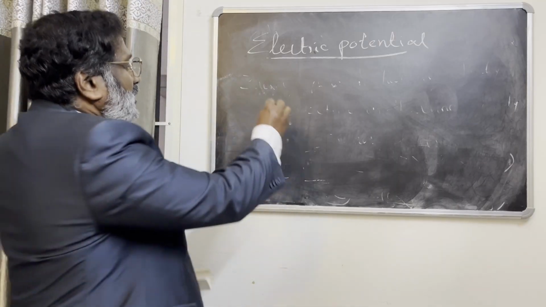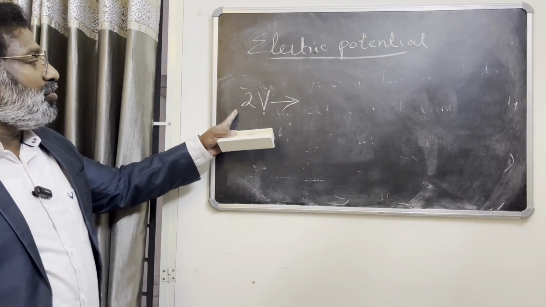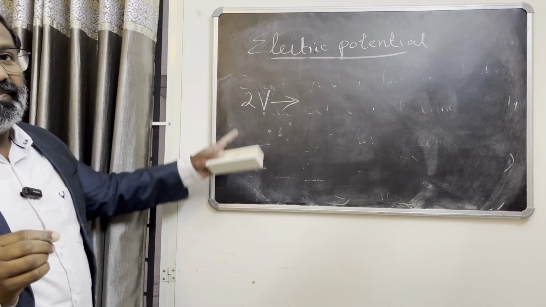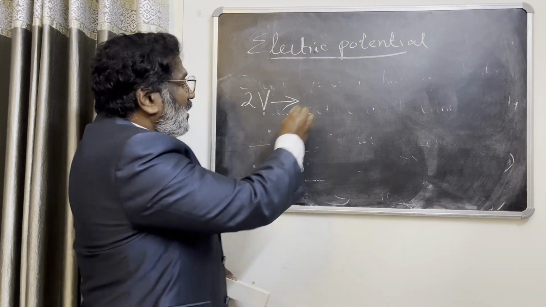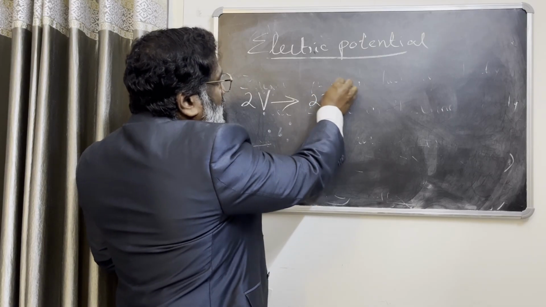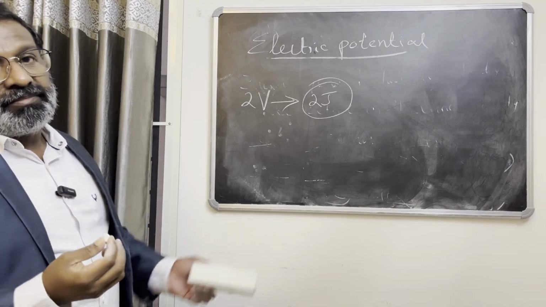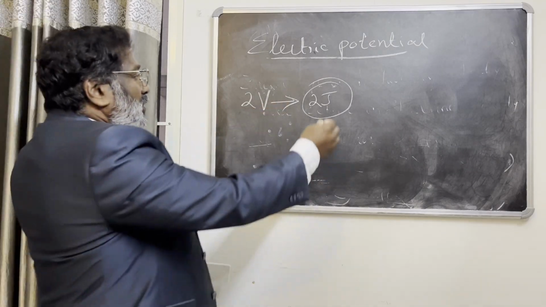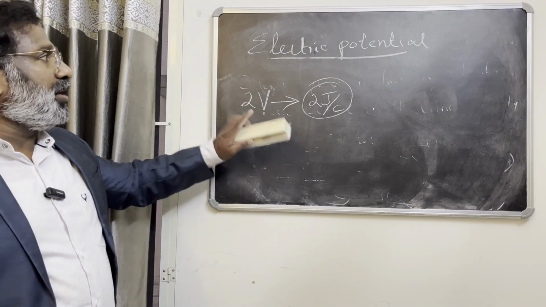If the electric potential is 2 volt, what does it mean? Each coulomb of charge inside the body is having 2 joules of energy. 2 joules per coulomb. You got the point?